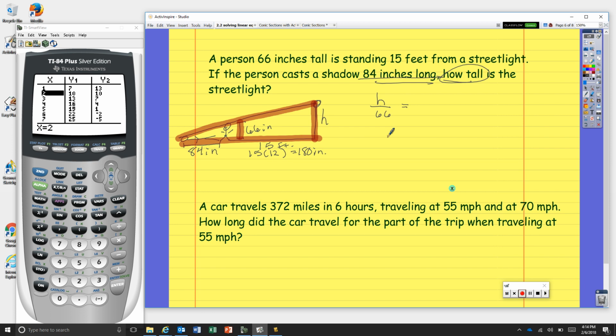On the big triangle, I have 84 plus 180, 264. On the little triangle, I have 84. So I have h times 84 equals 66 times 264.